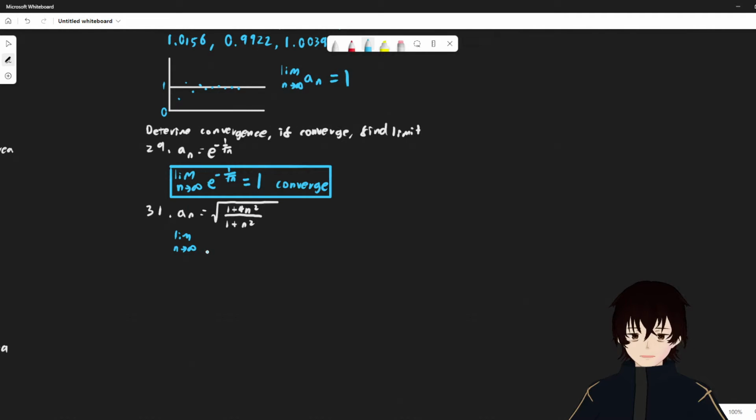I know what this is going to be. The coefficient is 4 here and the power is just n squared.